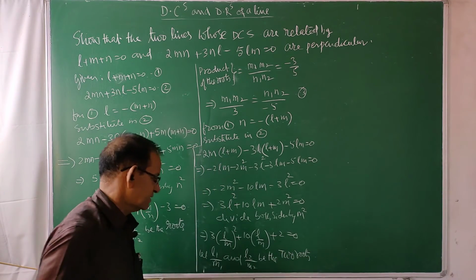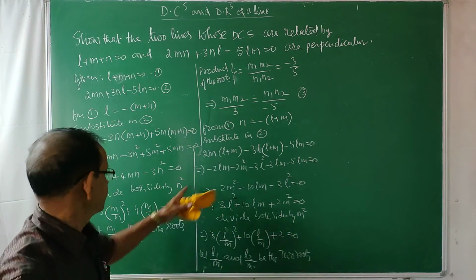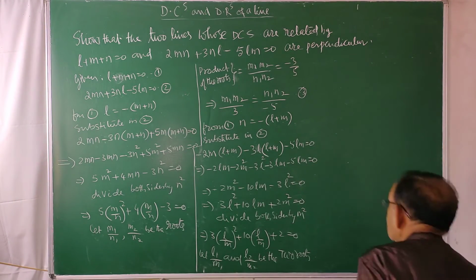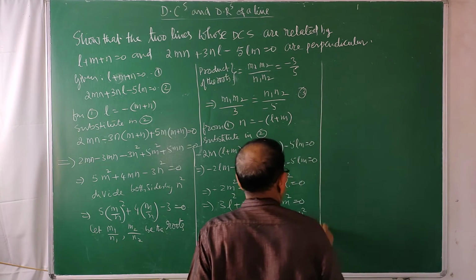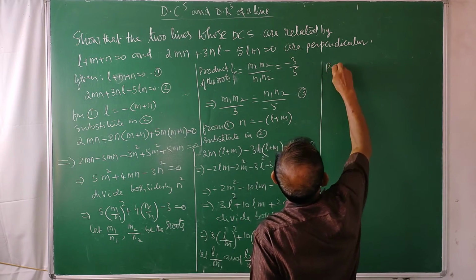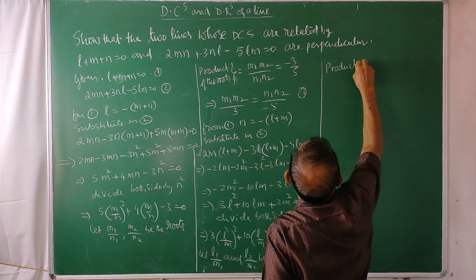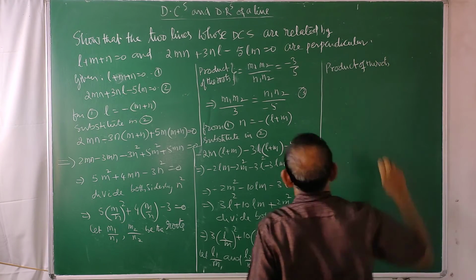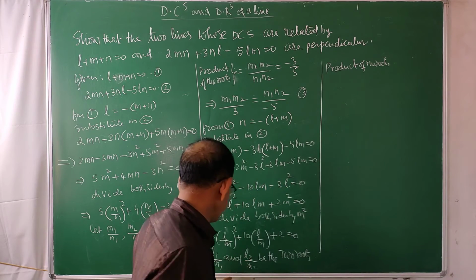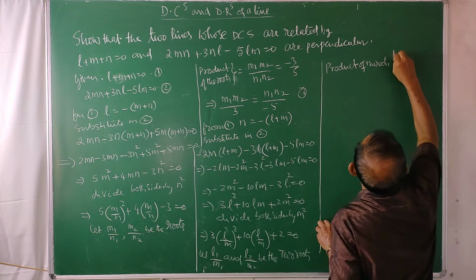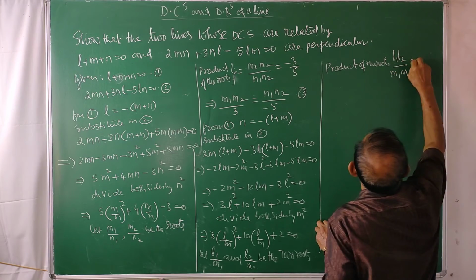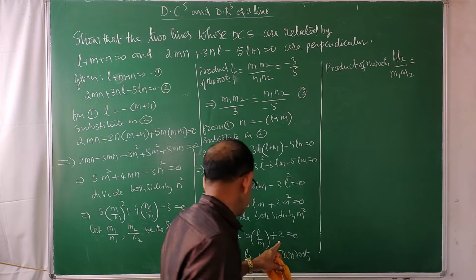Here also let us take the product of the roots as in the previous case. Product of the roots is equal to L1 L2 by M1 M2, which is equal to C by A. What is C here? 2.